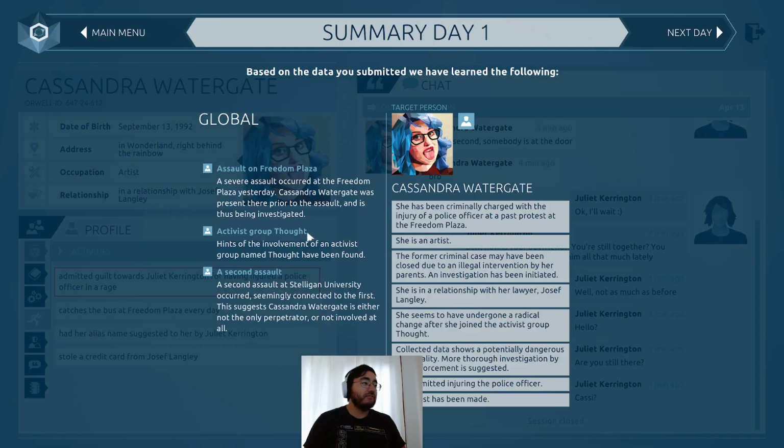We've discovered the activist group Thought. There was a second assault, and because Cassandra Watergate was already arrested when that happened, she didn't commit that assault. She's either not the only perpetrator, not the only suspect, or not involved at all. Both are possible. Okay.